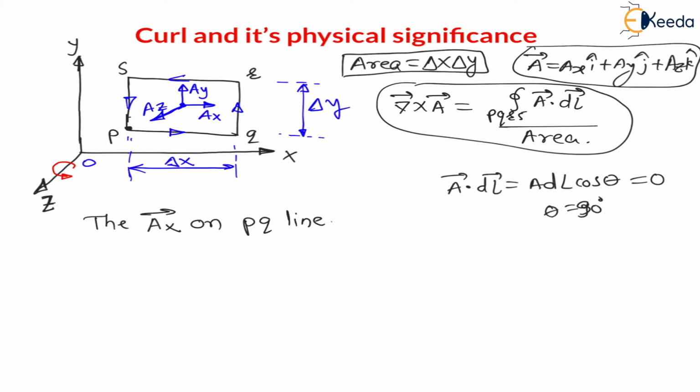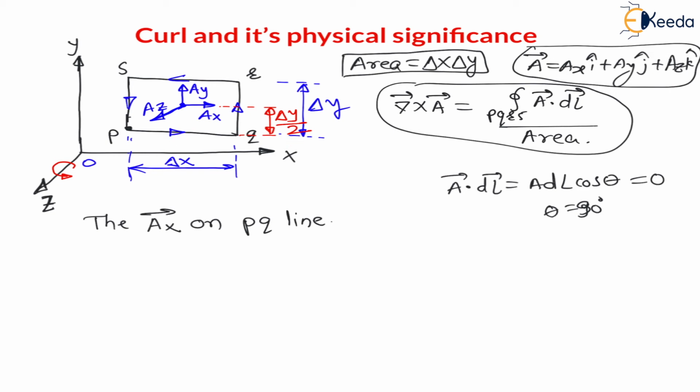Now it is at the center, therefore the distance is dy by 2. This distance is dy by 2. This step is very much important for complete understanding of this derivation, right? Without this step you cannot understand this derivation, and if you understand this step you will definitely understand everything in this topic, right?